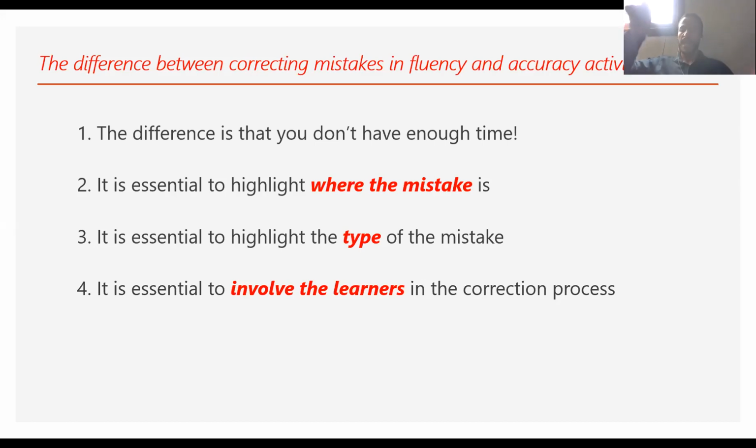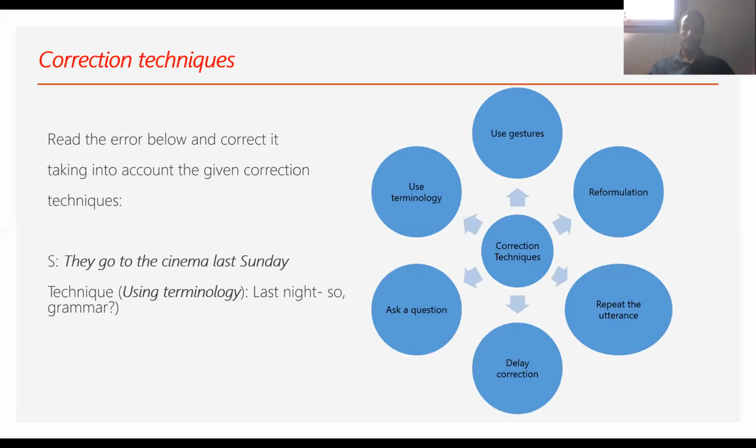You highlight where, play, and the type. Yes, it's grammar. So they know the type of the mistake is grammar, so plays. And number four, which is the most important, is to involve the learners in the correction process. Okay, good.